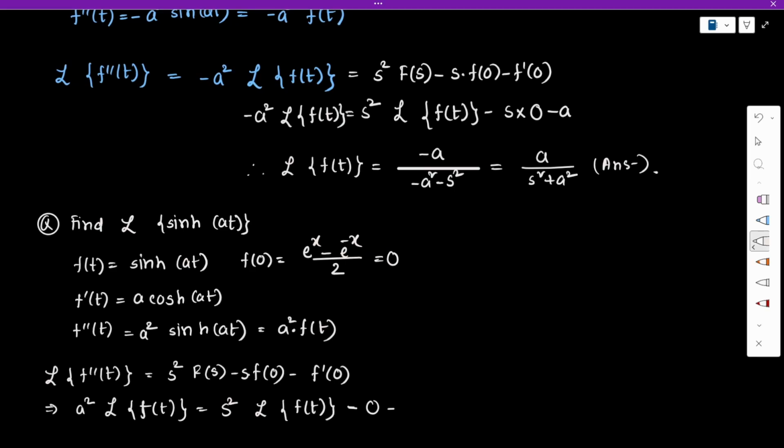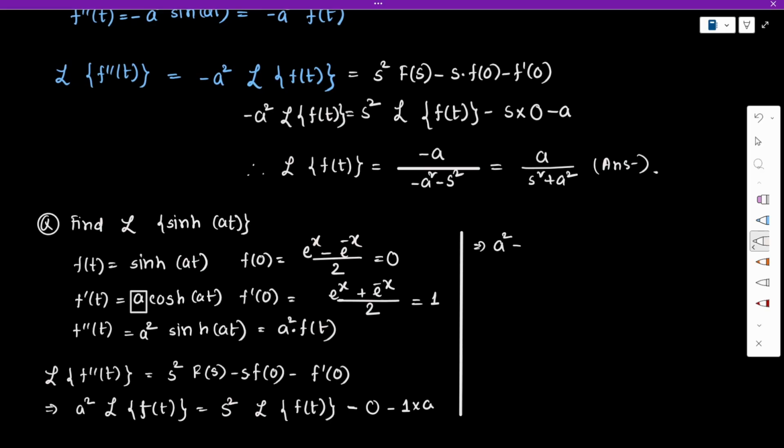So this is going to be 0 minus f prime of 0. If we input 0 here, we know that for cosine hyperbolic this is e to the power x plus e to the power minus x divided by 2. And now if we input x equals 0 here, or in this case t equals 0, then the function becomes 1. So this is going to be 1 times a, because there is an a multiplied here. Okay, so we can say that a square minus s square times the Laplace transform of f(t) is equal to negative a.